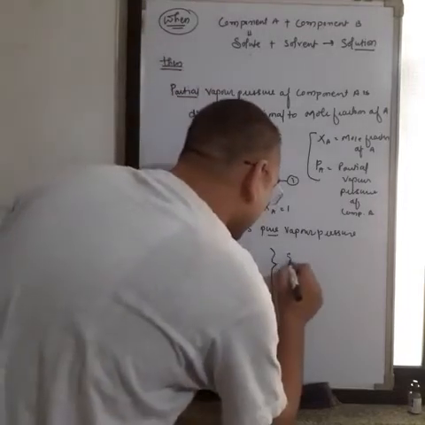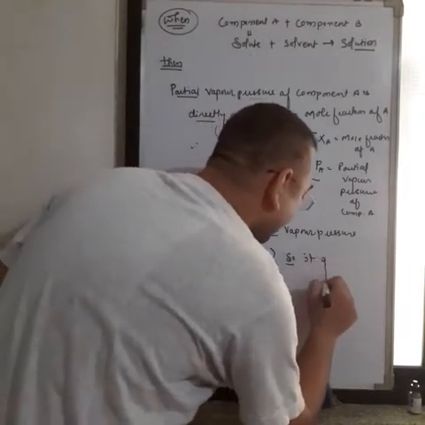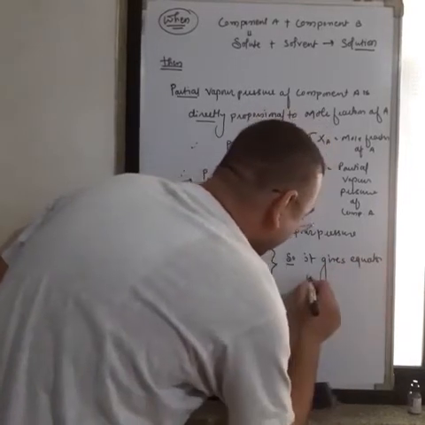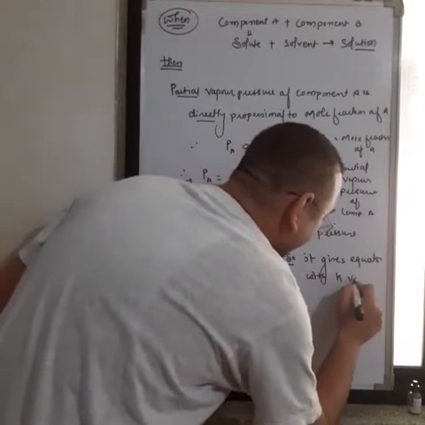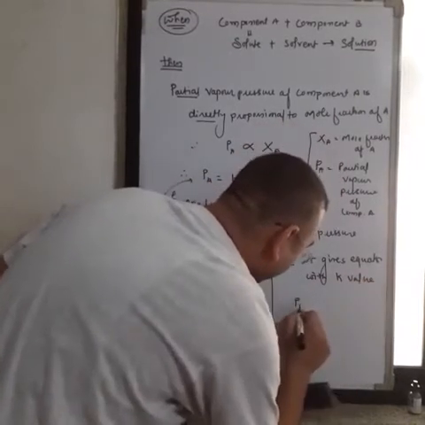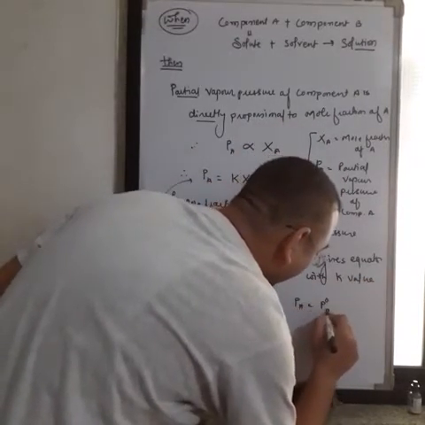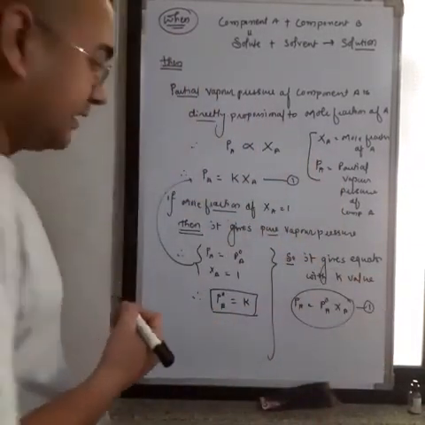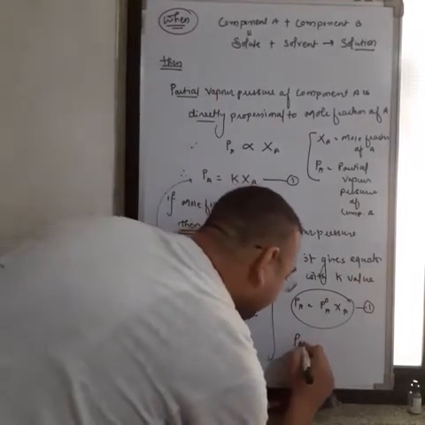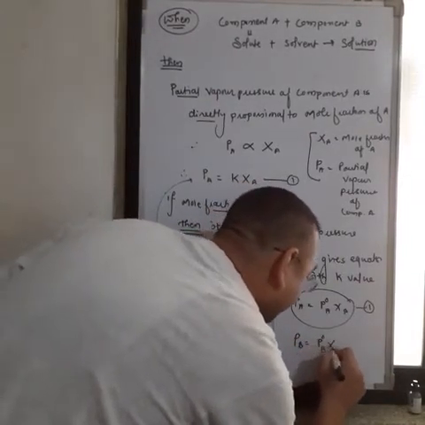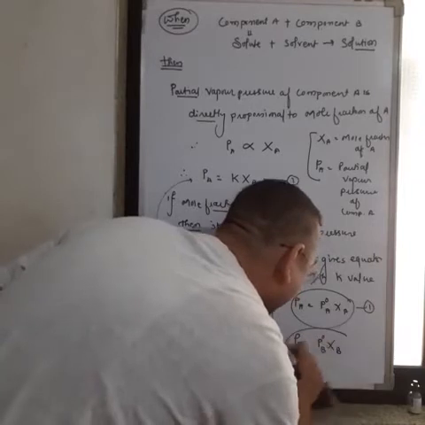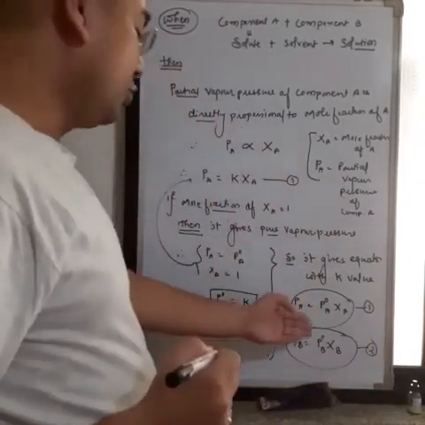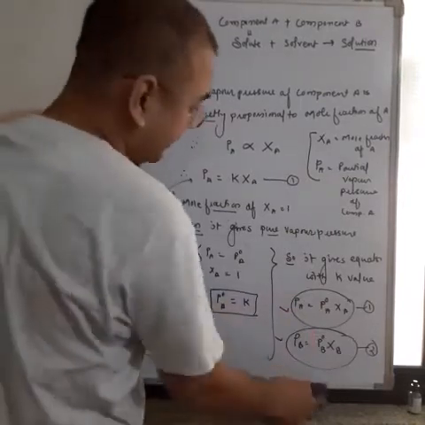So it gives the equation with the K value, where PA is equal to P naught A XA for component A and PB is P naught B XB for component B.